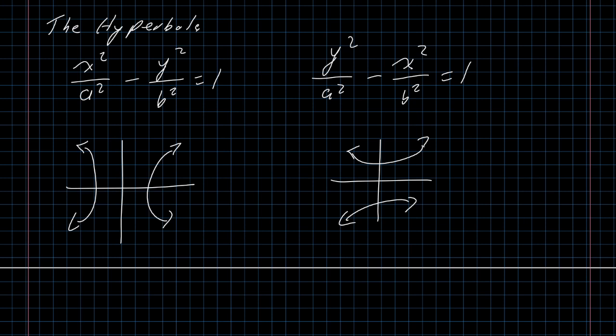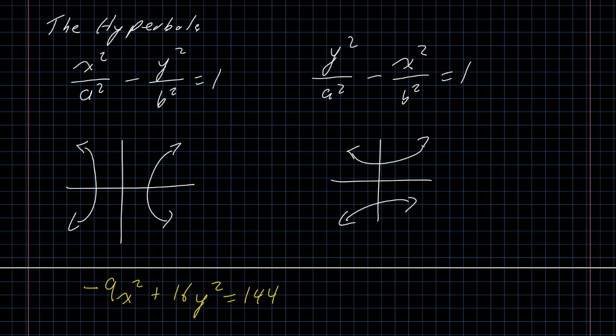So just really quickly, I'm going to take a look at basically the same equation we had before, just taking a negative. So it'll be negative 9x squared plus 16y squared is equal to 144. Right? Very similar to the equation that we looked at previously.